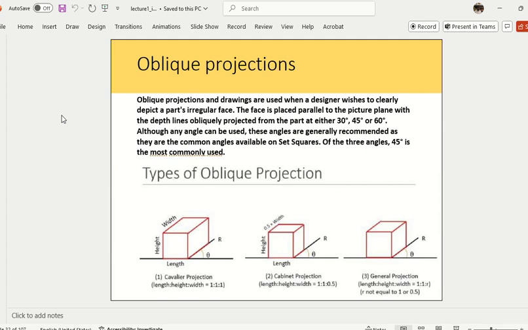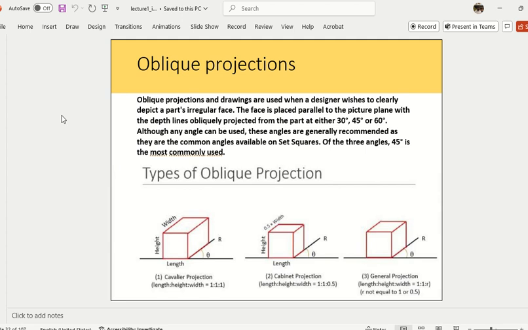For example, I have a cube which has a dimension of 2 by 2 by 2. If I make a cube 2 by 2 by 1, this will be the Cavalier method.